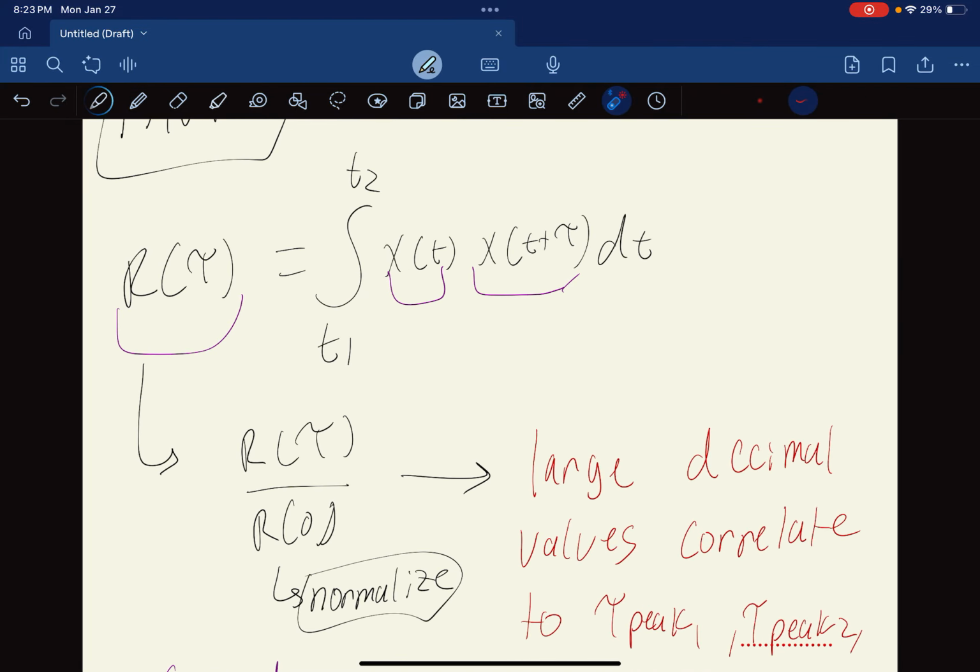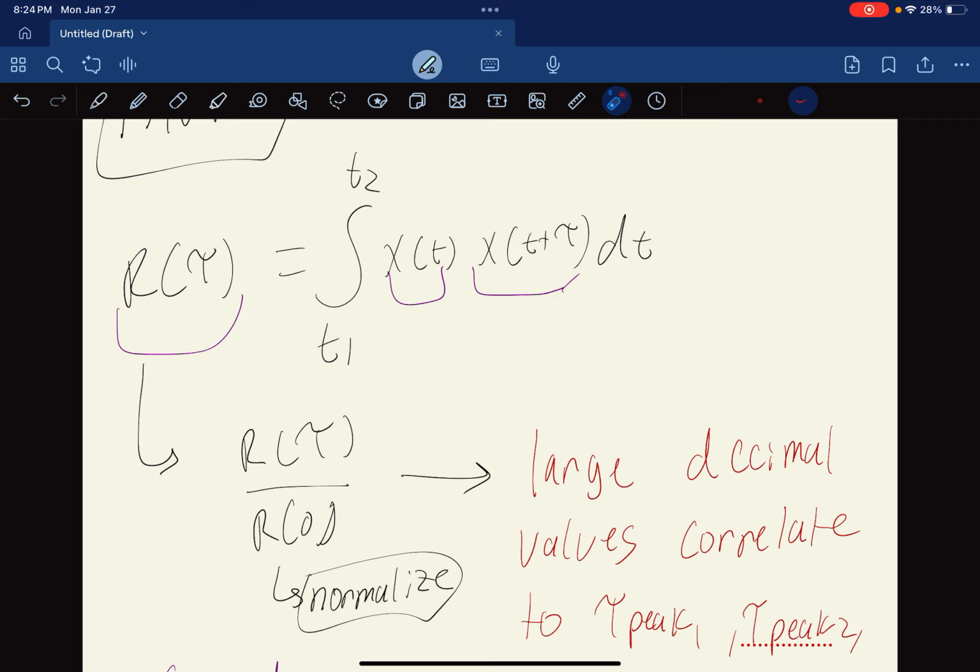And again, just like before, if tau is 0, that's going to make r of tau very, very large, because you're dotting a function exactly with itself without any time lag, which is the same as squaring a function, which is as high as it's going to get. So we're going to evaluate r of tau at different tau 1, tau 2, tau 3, different time intervals, like 1 second, 1.5 seconds, and you go down the list.